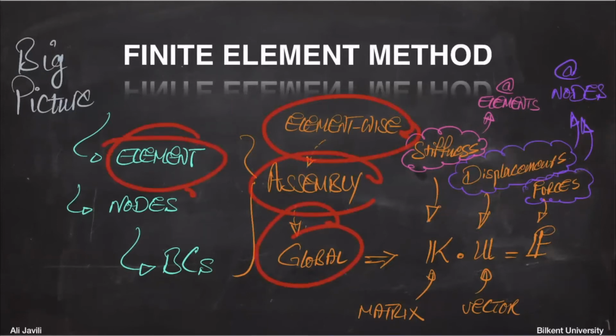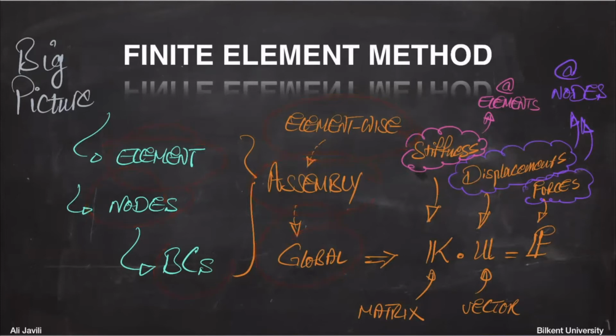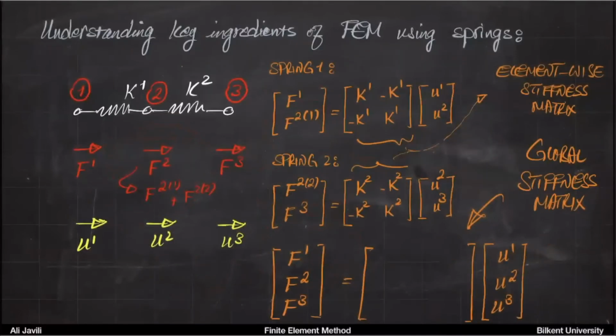We have elements, we have nodes, we have boundary conditions. So all these key ingredients are here. And I think this is a very nice exercise to explain how you calculate the global stiffness matrix, and the way that we do it is exactly the same procedure that we call assembly. So we need to assemble that.